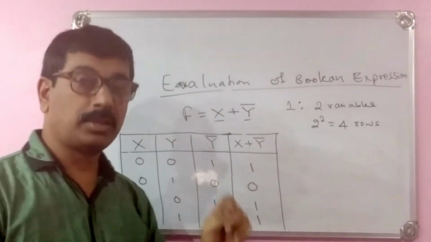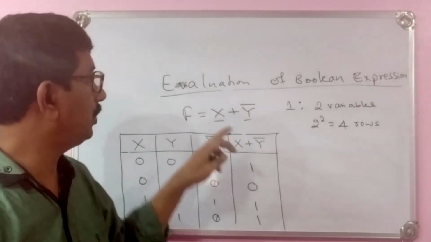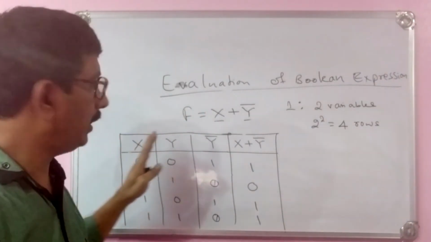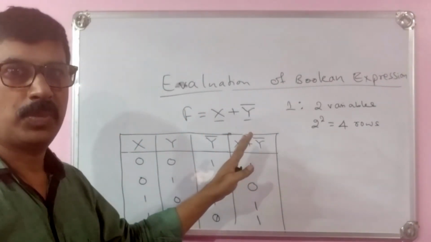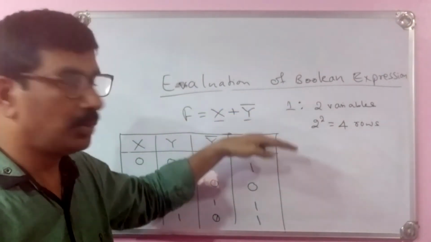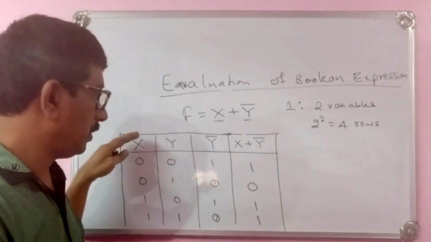In the exams, they will ask these types of questions. They will give such expressions and you have to write the truth table in this way. If you know the steps, you can write them one by one, 1, 2, 3, 4, and solve on that basis.